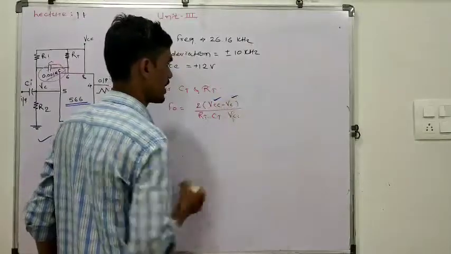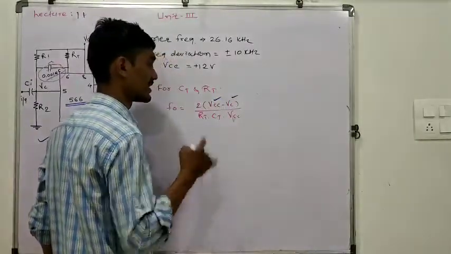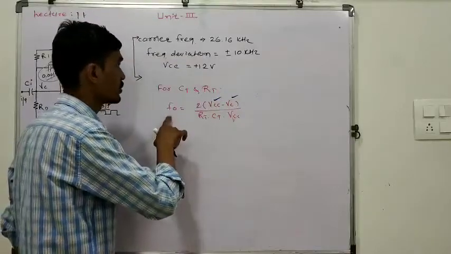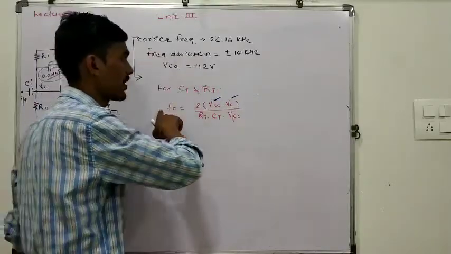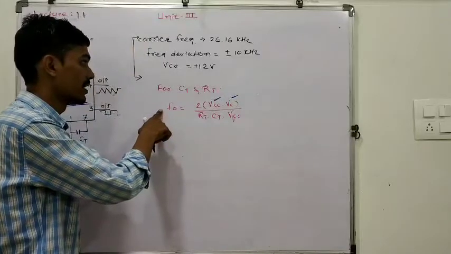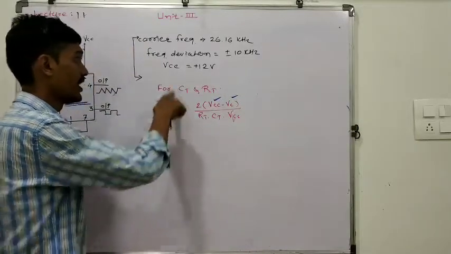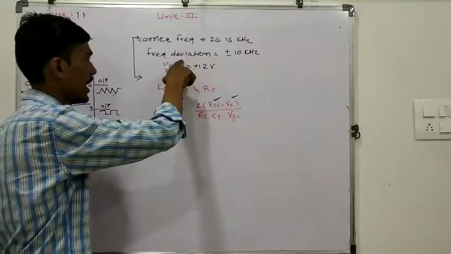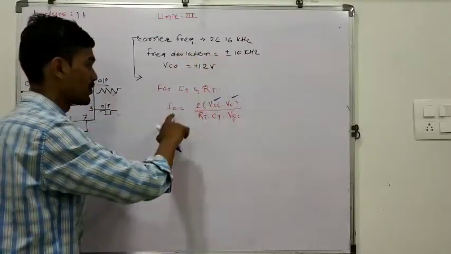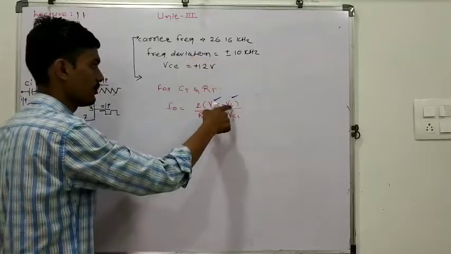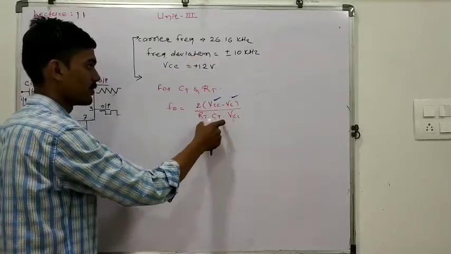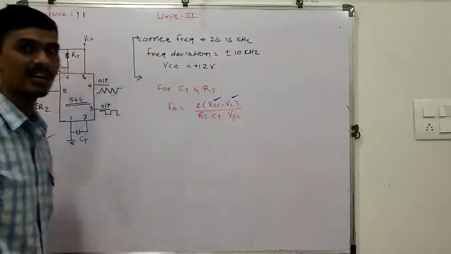VC is equal to, we are assuming, 9.6 volt. It is 80% of the VCC. F0 is equal to the carrier frequency that we have to assume, because we are calculating all the components for the carrier frequency. We are not assuming maximum and minimum frequency. We are just assuming the carrier frequency. So 1, 2, 3, and this is the third component.